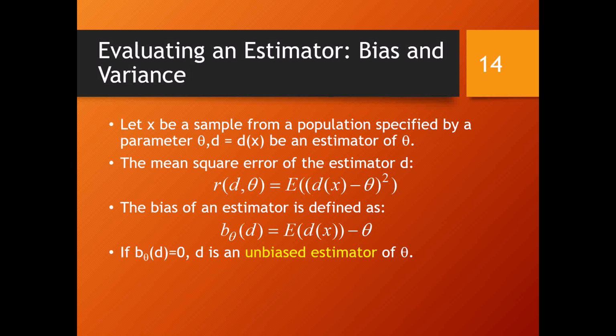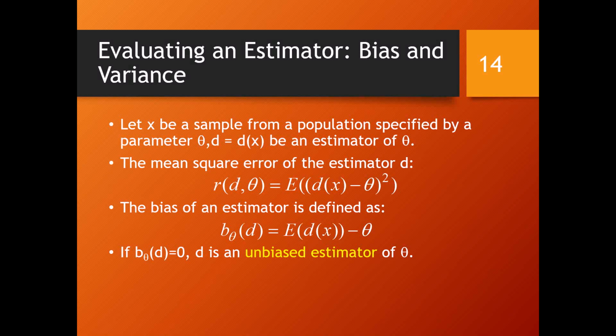We define the bias. Bias is we use d of x to estimate theta. So the expectation of d of x, we hope that expectation of d of x should be as close to the real parameter theta as possible. Okay?